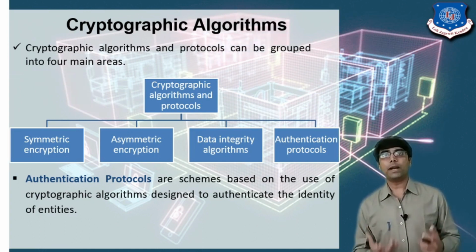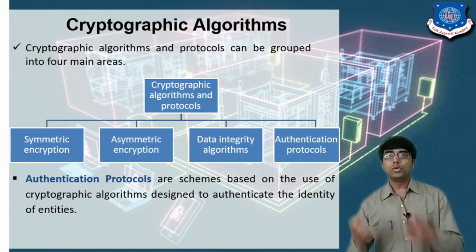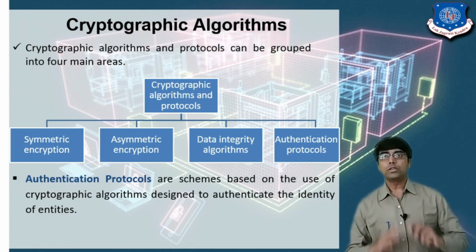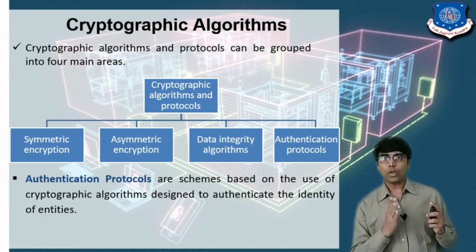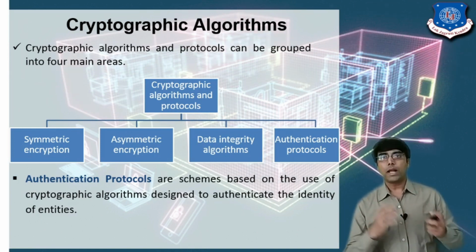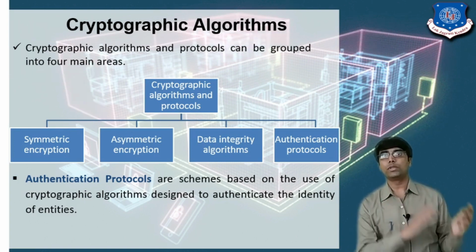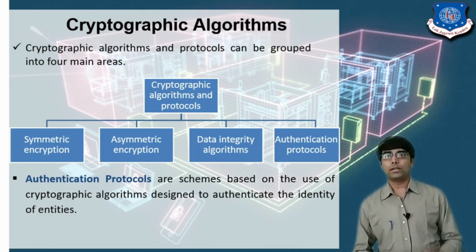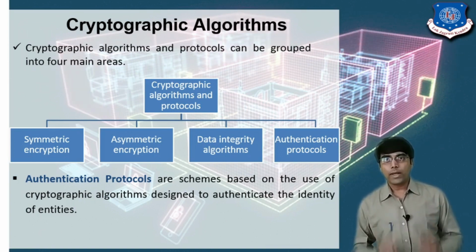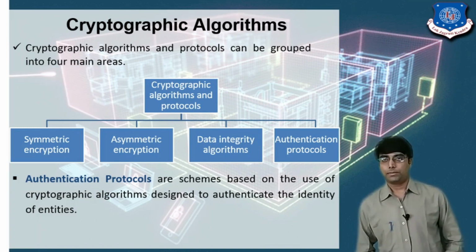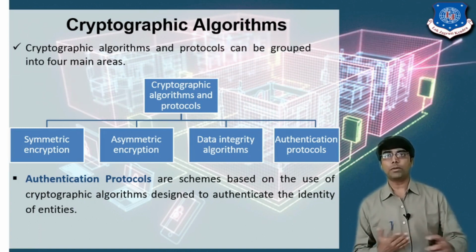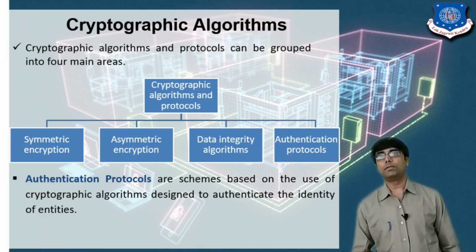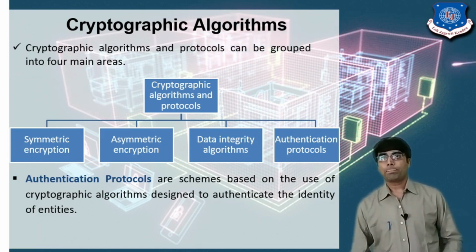It means that if user A wants to communicate with user B, then before starting the communication, user A should be authenticated by user B and user B should be authenticated by user A. With the help of authentication, we verify the identity of users. So these are the four types of cryptographic algorithm. We will discuss them one by one in the next session.